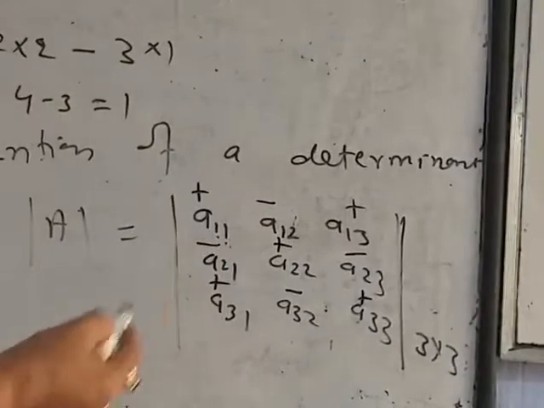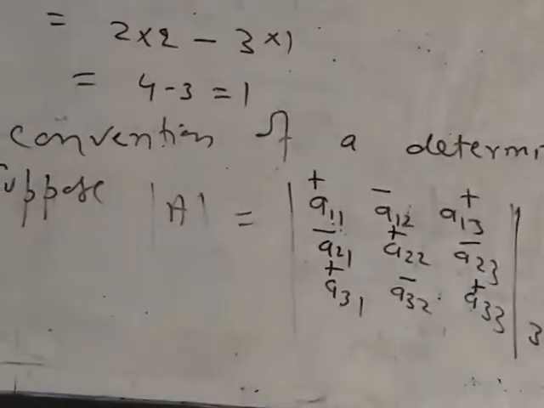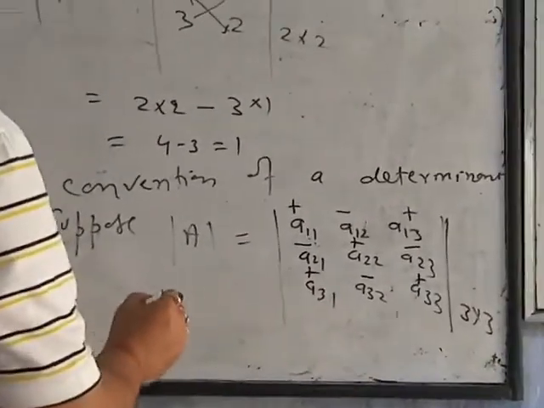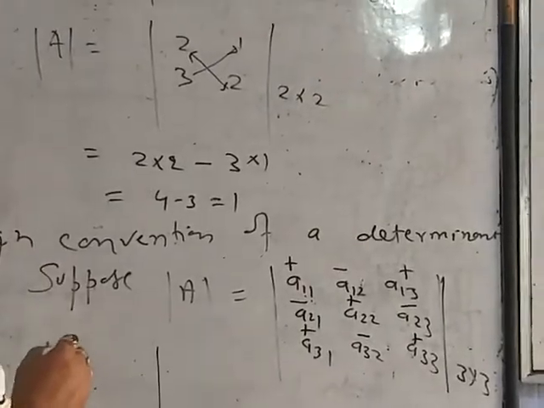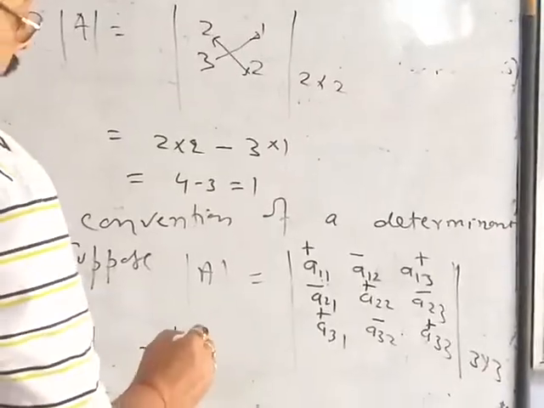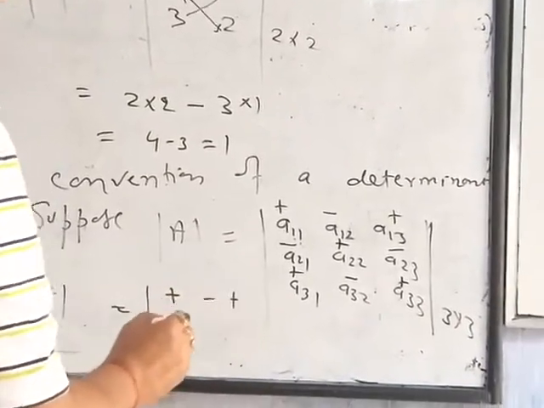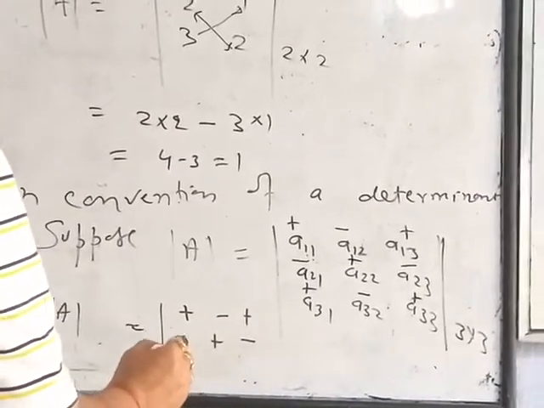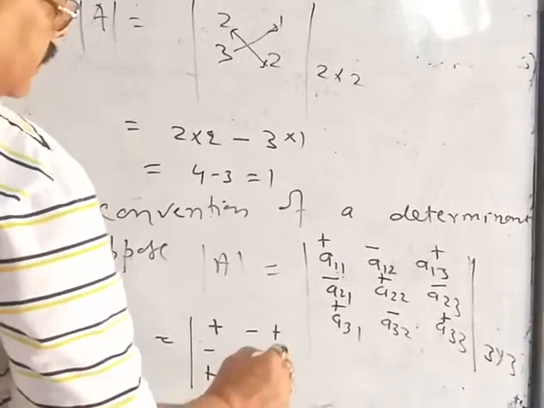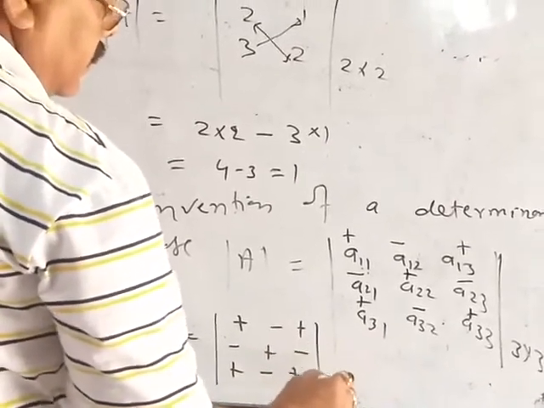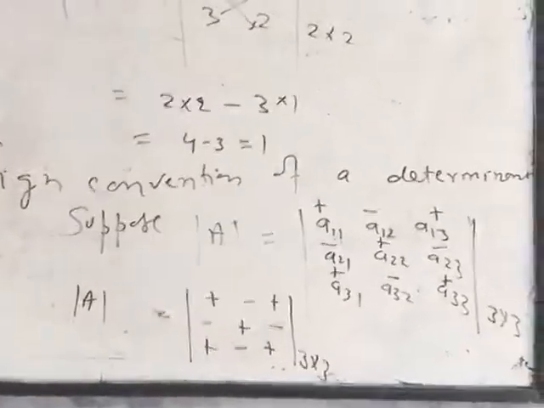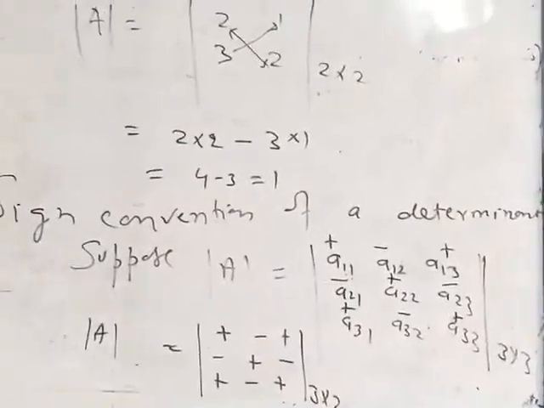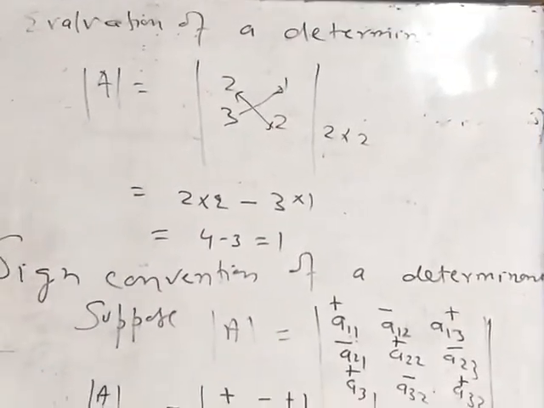So the sign convention is plus, minus, plus, minus, plus, minus, plus, minus, plus. It is useful in evaluation of a determinant.